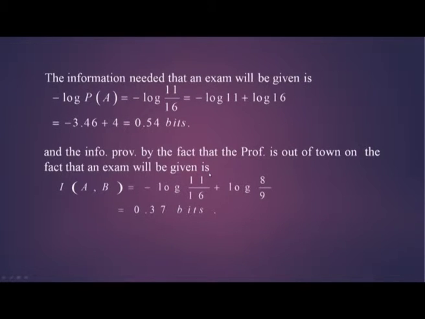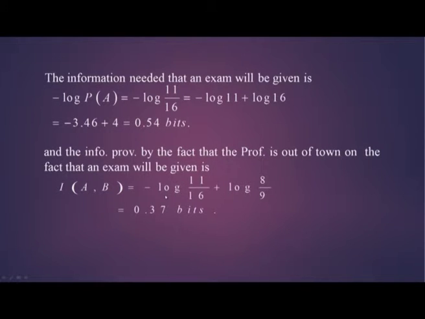So, we are trying to find the mutual information of A and B. So, that is I of A comma B, which is minus log probability of A plus log probability of A given B. Now, minus log probability of A will become minus log 11 by 16.